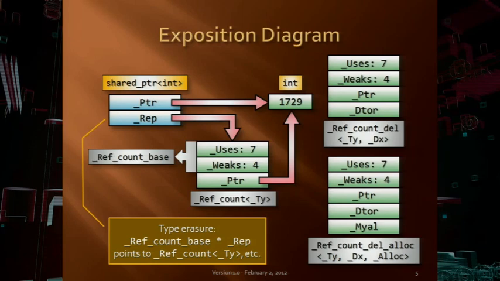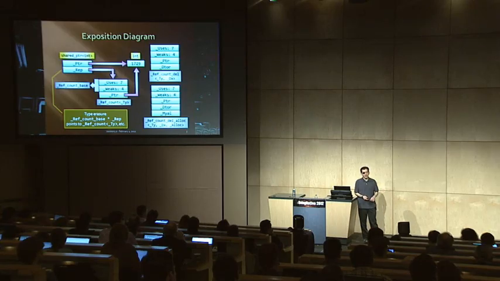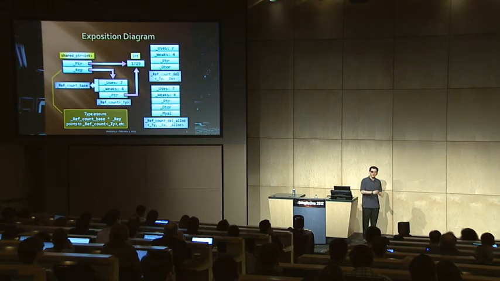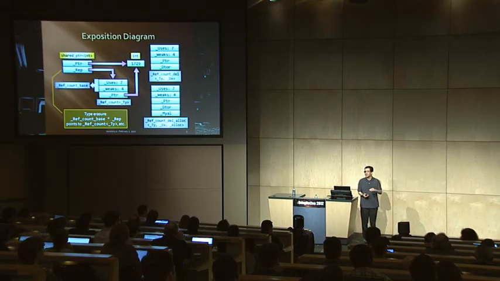Here I've outlined it as Ref_count<T>. It's templated on the element type. It stores both the strong ref count, the number of shared_ptrs pointing to it, also the weak ref count, because we support weak_ptr, and it has an extra member here internally, _Ptr. So the way that this works with type erasure is that the shared_ptr has a pointer to a non-template base class. Here it's Ref_count_base.